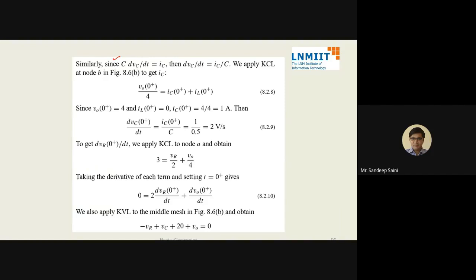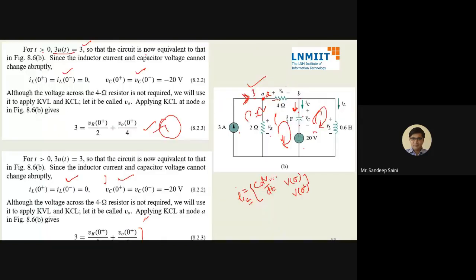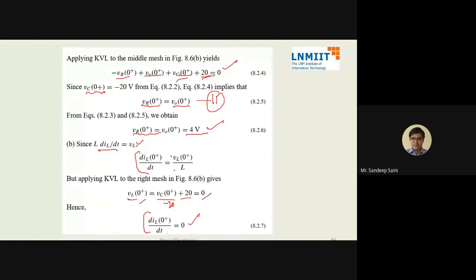Similarly, I is equal to C dV by dt for a capacitor, and that means dV by dt is IC by C. Now we should find out what IC is. Either you apply KCL here, or you apply KVL and take IC equal to I1 minus I2. It is all your choice.